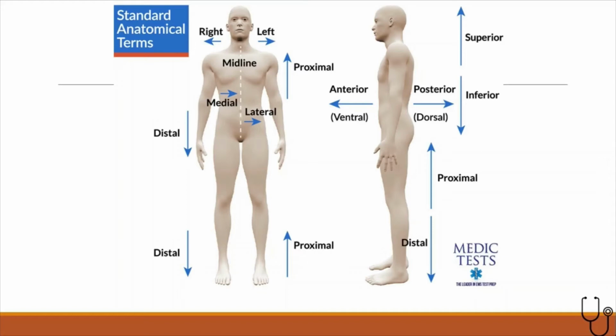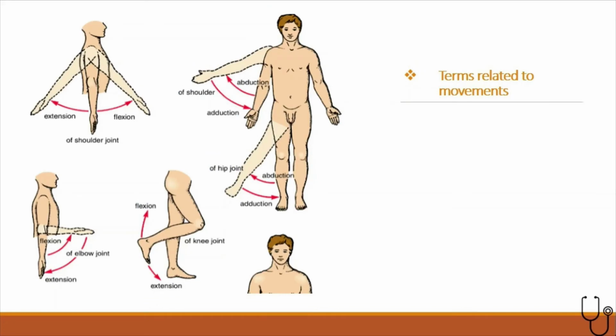So anterior and posterior we discussed, proximal and distal we discussed, medial and lateral and superior and inferior we also discussed. Then the important thing that you should know is the terms related to movements. There are many terms related to movements.